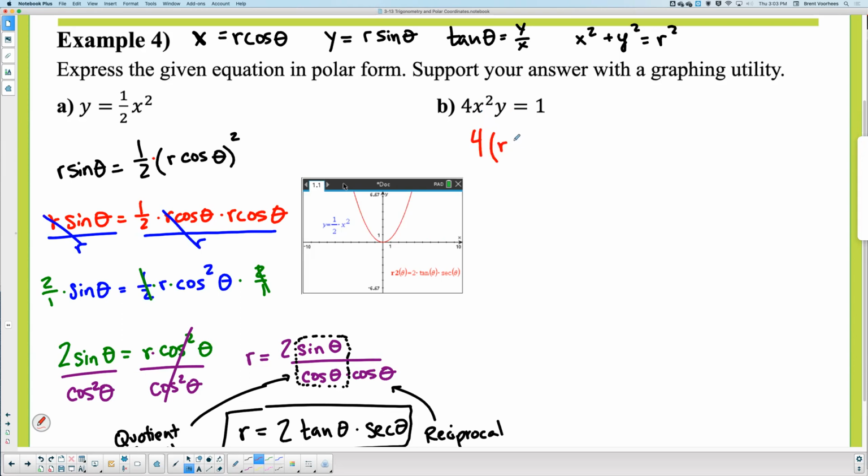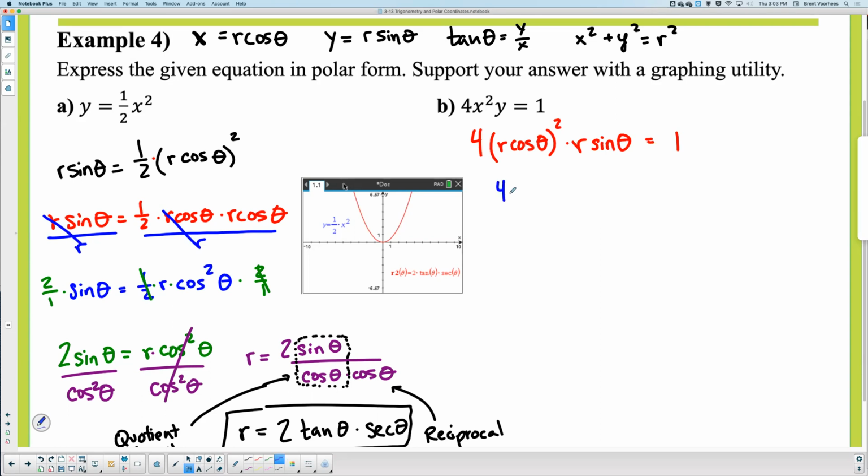So I'm going to say this is 4 times r cosine theta squared. And then that will be multiplied times the y, which is r sine theta. And all that needs to equal 1. Now again, according to PEMDAS, we'd multiply first, and that would just mean multiply r cosine times itself. So here's what I would have.